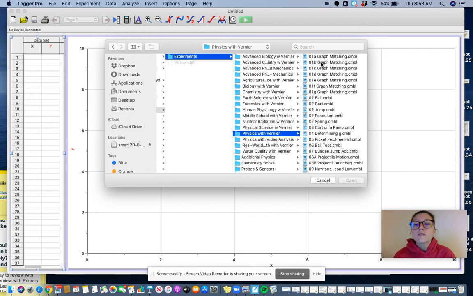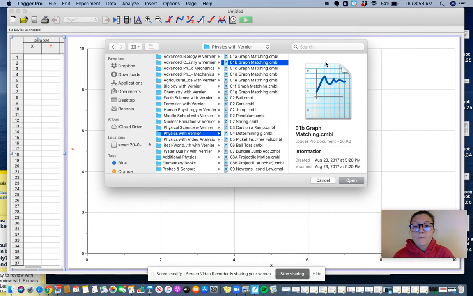For the position versus time graph in which you began to describe how to walk, you're going to open 01B. Okay, and this is also in the directions. So you're opening 01B, graph matching, and you're going to click Open.